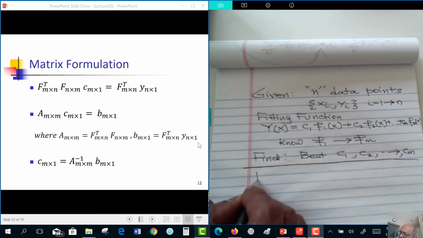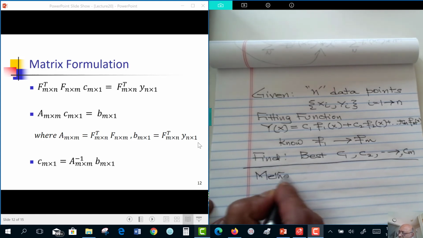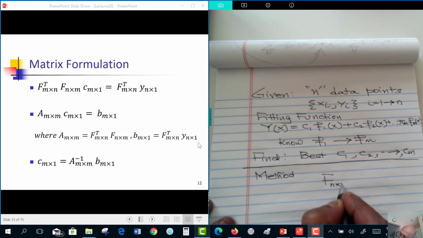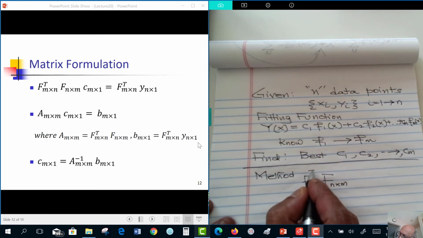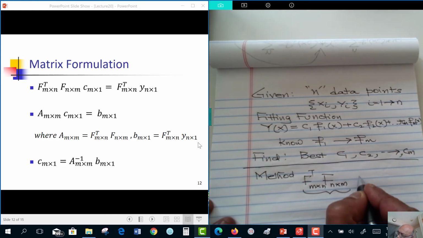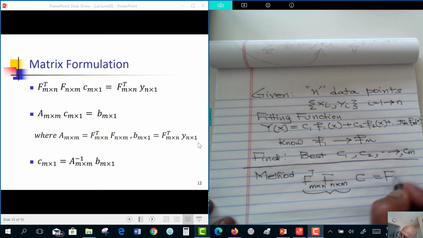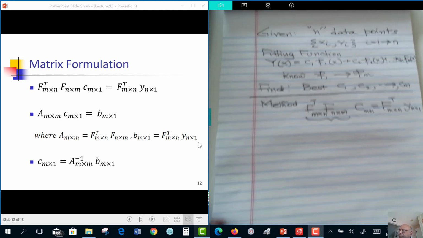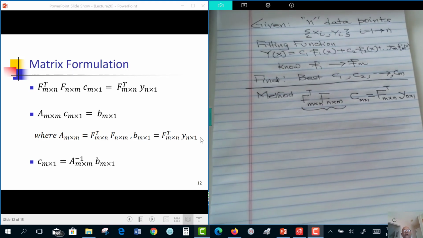And our method says all we do is we set up a function matrix, which is n by m, take its transpose, which is m by n. So this will be our matrix A, times C is F transpose, which is m by n, times Y, which is n by 1, right? So we are going to find C. That's our problem, okay?